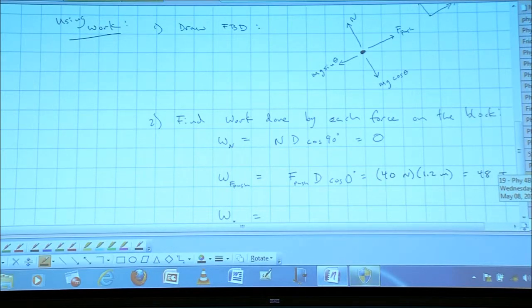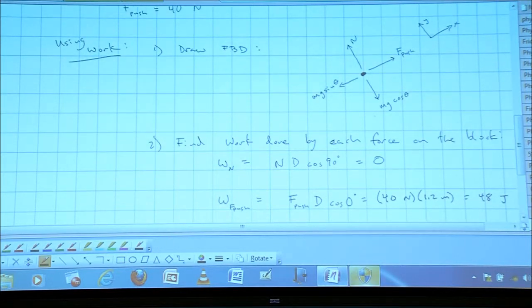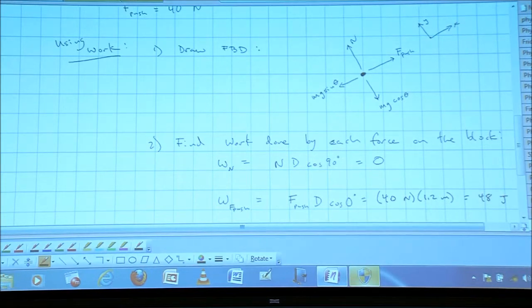Two ways to think of that. I've already broken up my gravity into two components here, right? So the component that's normal to the surface, mg cosine theta, does no work. The component that's parallel to the surface is doing work, mg sine theta. Or you could have just left it as mg, and you'd have a different angle in there, right? That's okay too.